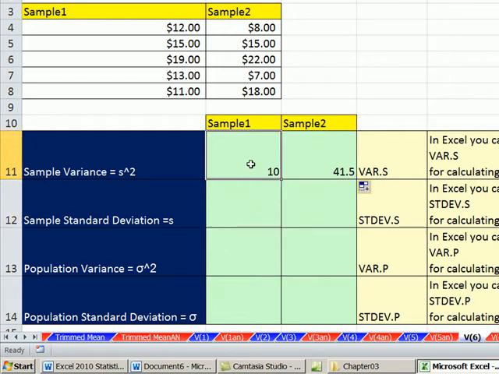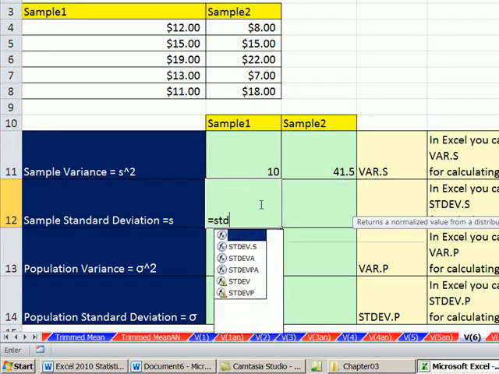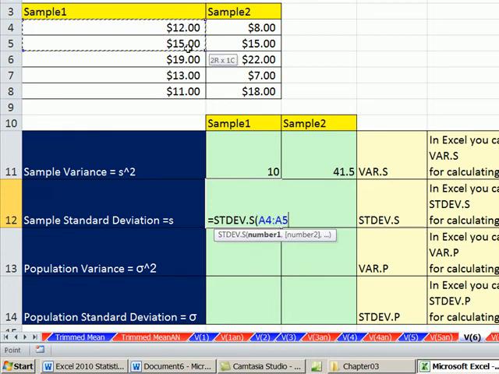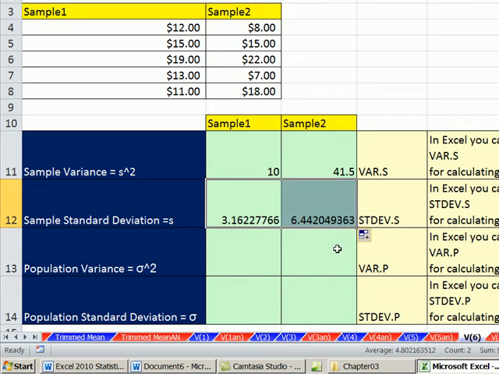Now, if you had this calculation, you could just take the square root of that. But STDEV, and there is a P and an S. So when you calculate our standard deviation, we're always going to come to the same conclusion. But standard deviation is much nicer because now we don't have those squared units.